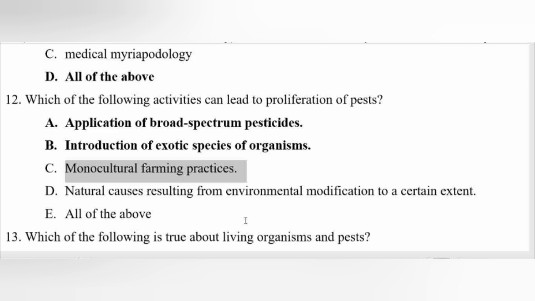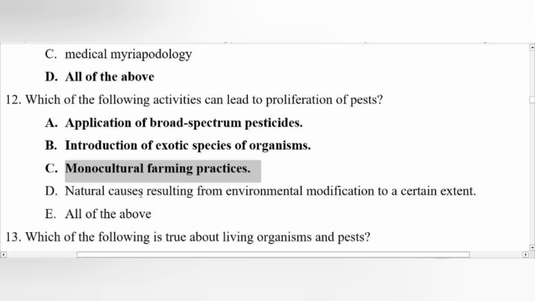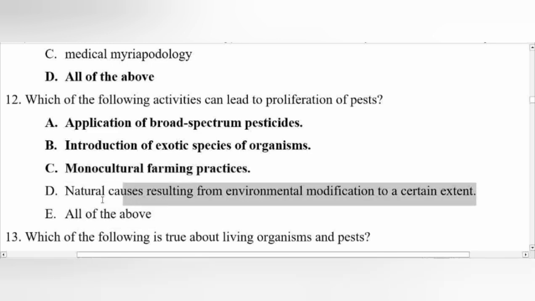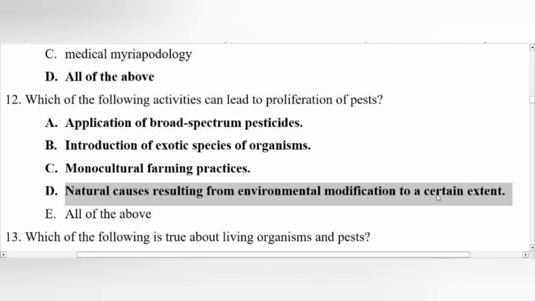Then we also have monocultural farming practices. Yes, it also does that. And then the natural causes resulting from environmental modification to a large extent. Yes, natural causes also lead to proliferation of pest species.